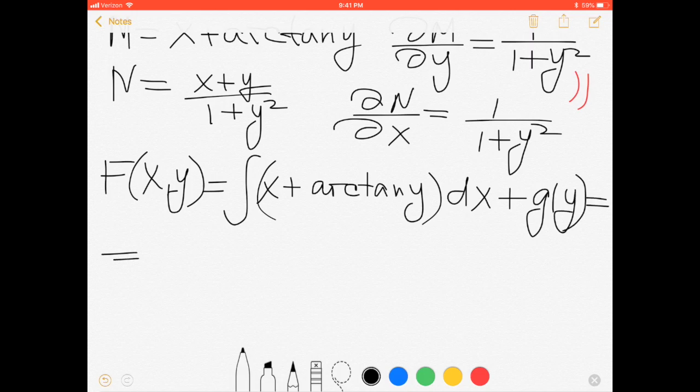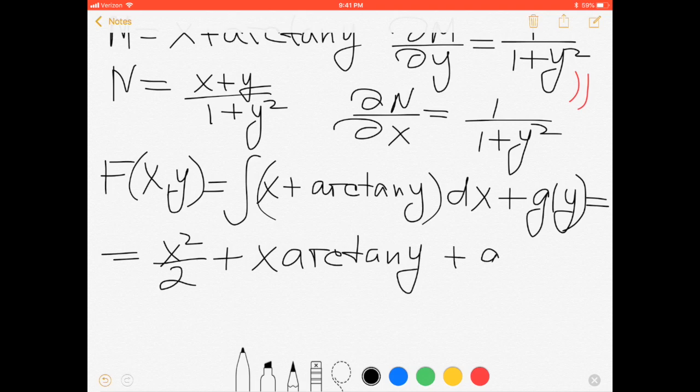Okay? The antiderivative of x will be x squared over 2. The antiderivative of arctangent y, because it doesn't depend on x, will work like a constant. This means x multiplied by arctan y, plus g of y.